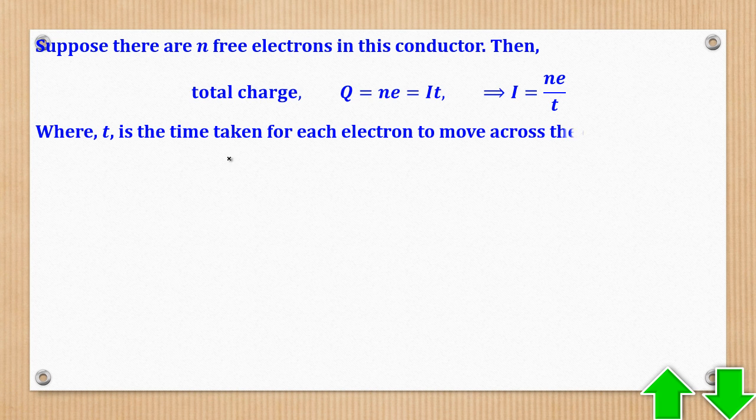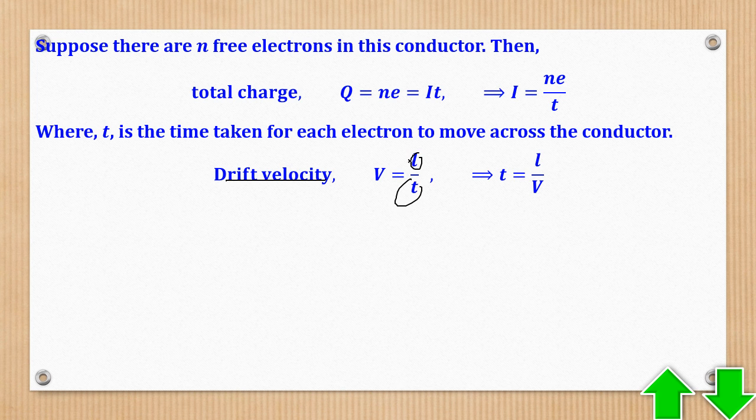So here t is the time taken for each electron to move across the conductor. Then drift velocity will be distance over time, where the distance is the length of the conductor, and this is the time taken. When I make t the subject, I come up with L over v.